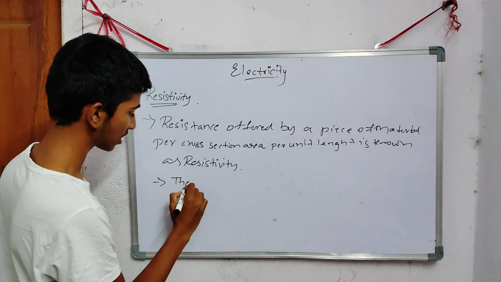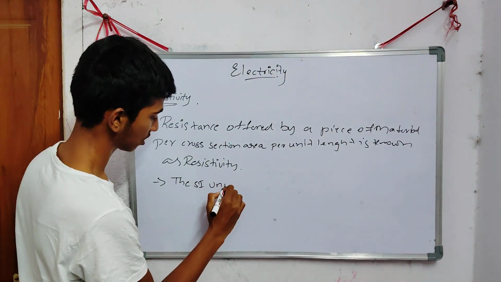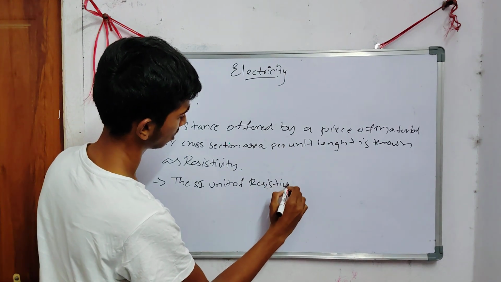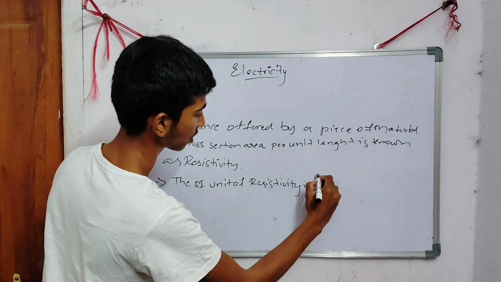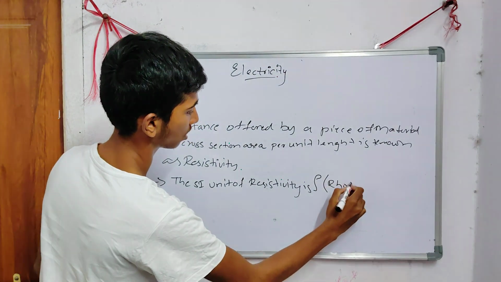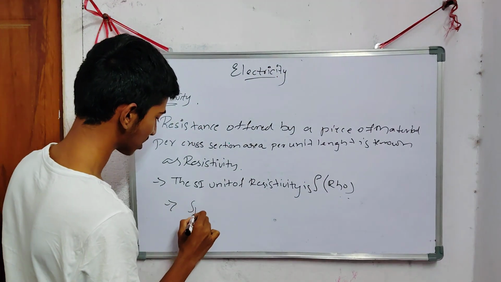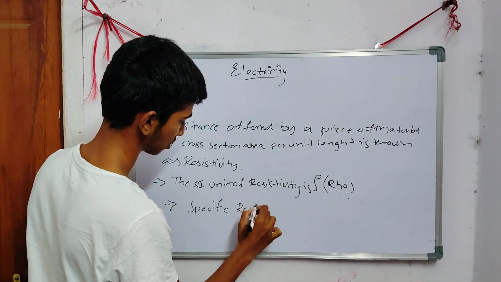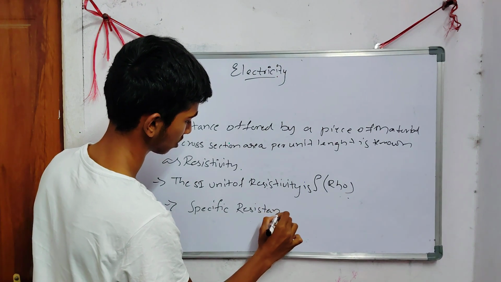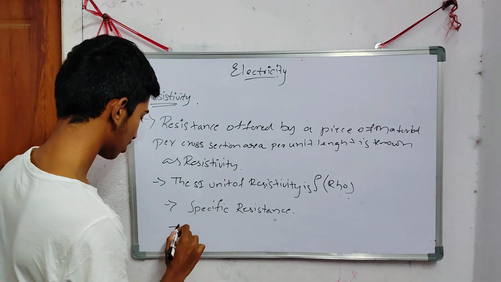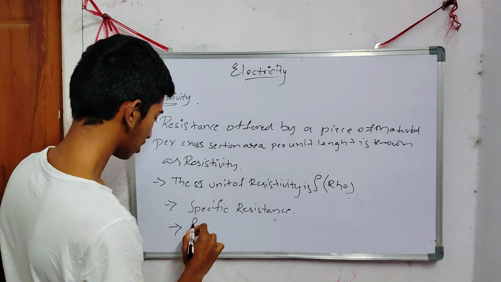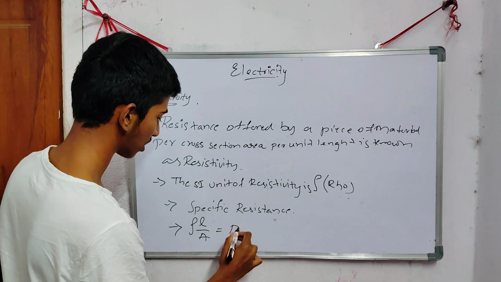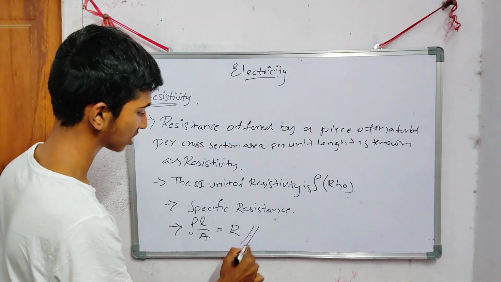It is denoted by rho, commonly known as specific resistance. The formula to calculate specific resistance is rho L by A equals R.